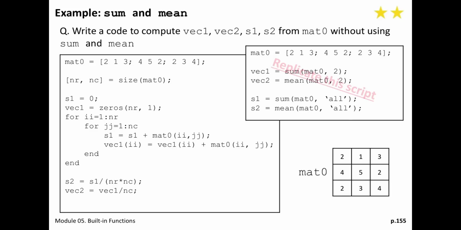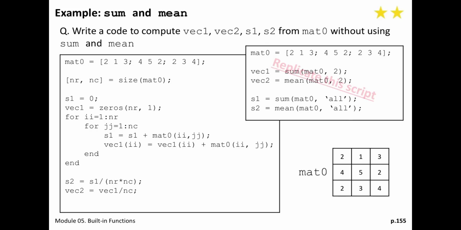Here, we do sum and mean operations using the built-in function. Now we know how to use the sum and mean functions. How can we replicate this same functionality? This is very important. You replicate the functionality of the built-in function using loop statements, because that is the basis of programming.